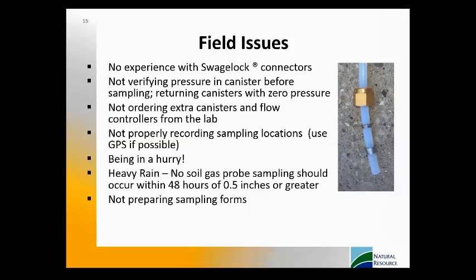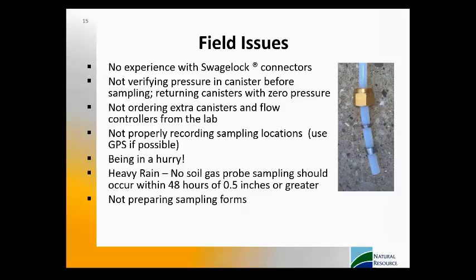This lists some typical field issues that are encountered when actually doing the vapor intrusion sampling. I think one of the more important ones here I want to talk about is verifying the pressure in the canister. Those pressure gauges that come along with the Summa canisters, they get a lot of wear and tear.